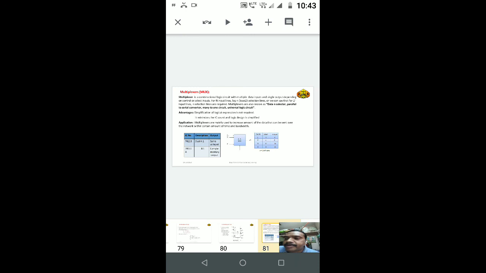In the previous lecture we saw that some simplification is done through K-map, because there are a number of logical equations. The length of these logical equations is very large, and at that time you need to reduce the length of the logical expression. So you use simplification techniques, but in the multiplexer there is no such need. So this is the advantage of the multiplexer.